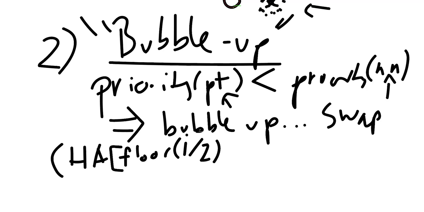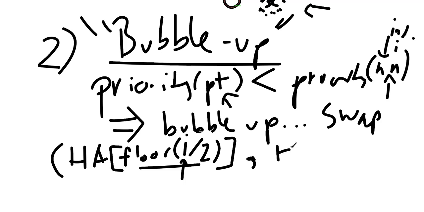Remember, this is where we get the parent's index using floor I over 2, where I is the index of the child we're interested in. In our case, the new node's index is going to be I. This is just some Python syntax for swapping.